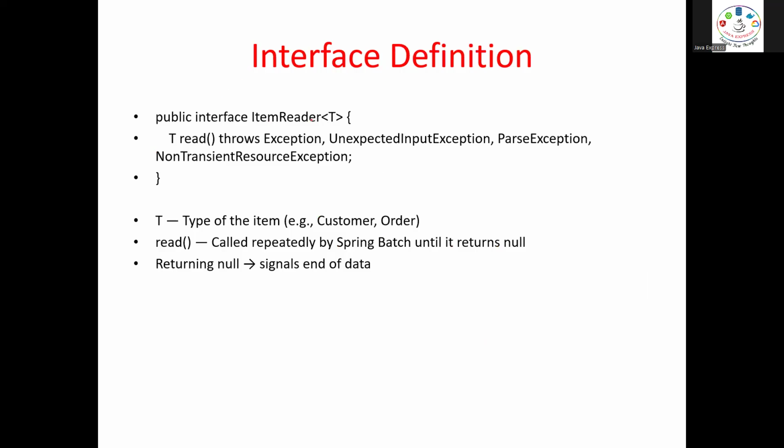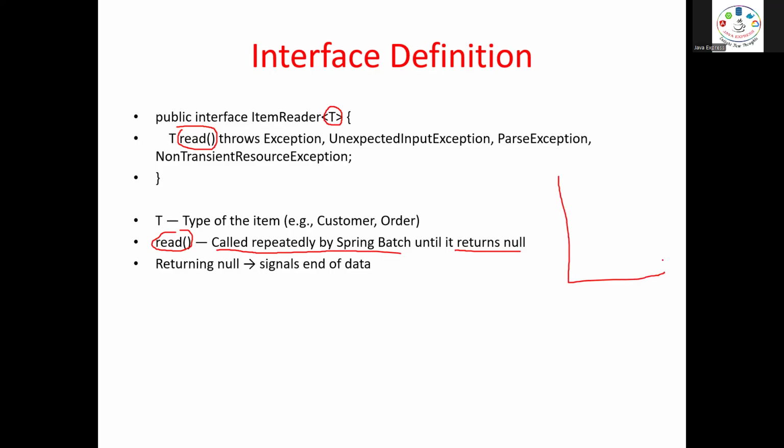Now, as part of the interface definition, this is the interface with T. The T represents your type, what kind of record you are reading. So a model class is required, like product information, user information, customer information. In an e-commerce file, like customers, users, orders, products, it can be any model class. And here we have a method called read. Usually this read method is called repeatedly by Spring Batch until it returns null.